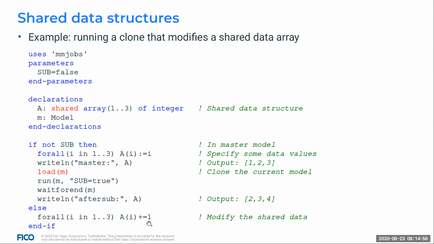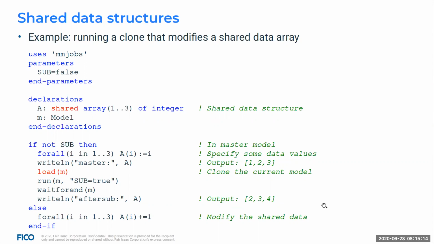You see, there is no additional need for doing anything about this data. It is just there because it has been shared by the master. I'm waiting for the submodel to finish, and now I'm printing out the result in the master, and it has now 2, 3, 4 as values.